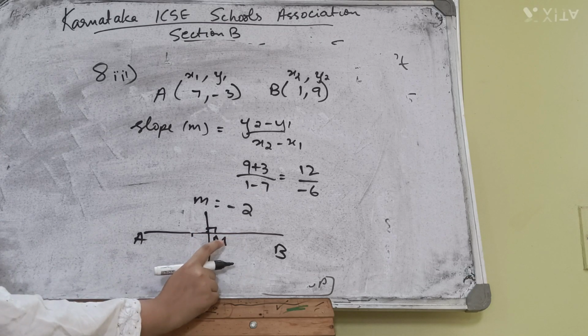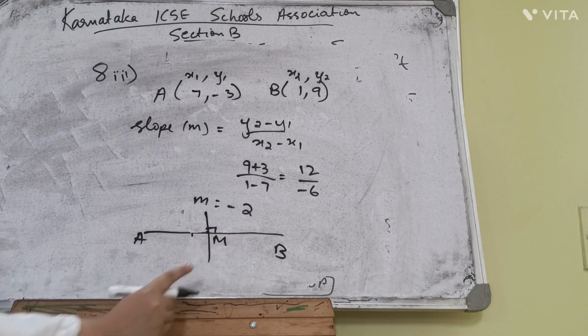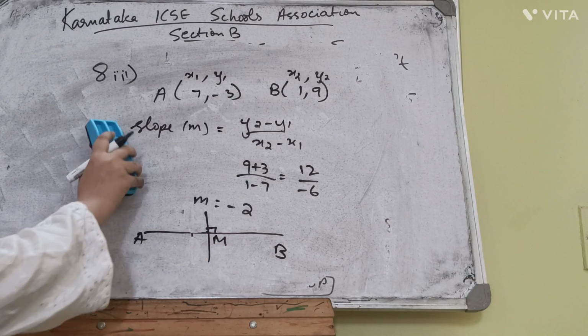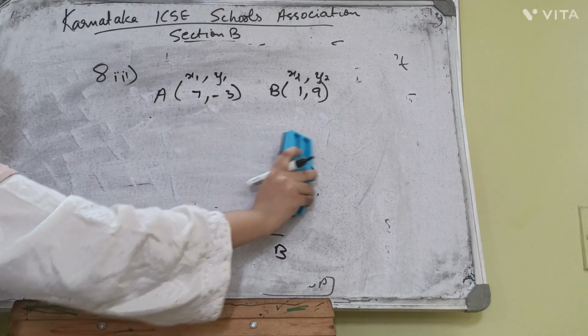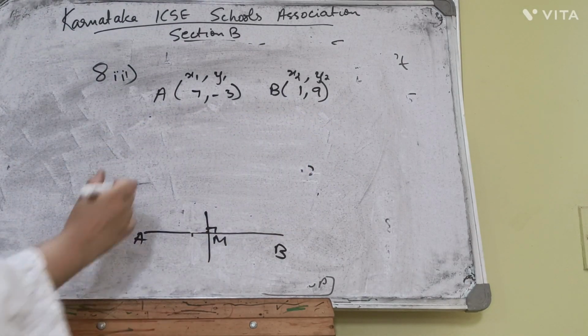Since this line is bisecting AB, I'll mark this point as M, and this will be the midpoint of A and B. So find the midpoint of AB.